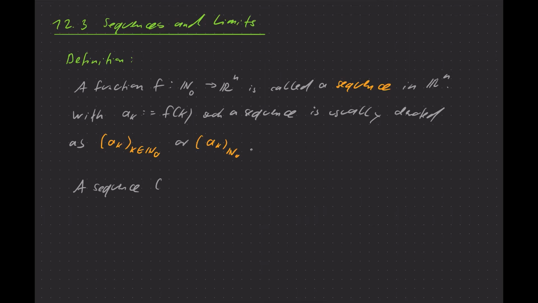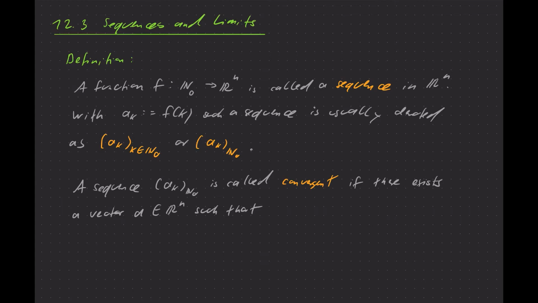A sequence (a_k), k in N_0, is called convergent if there exists a vector a in R^n such that a_k comes closer and closer to a.